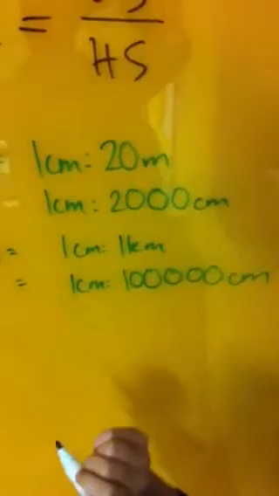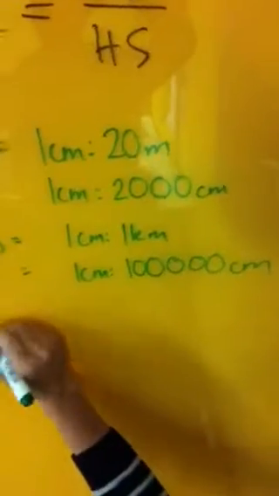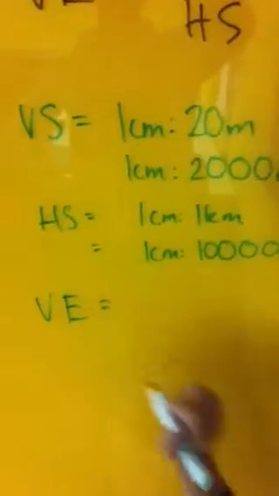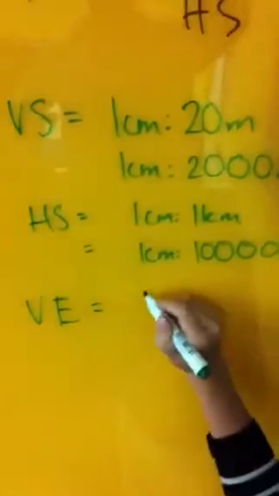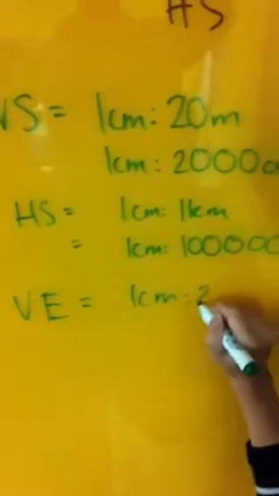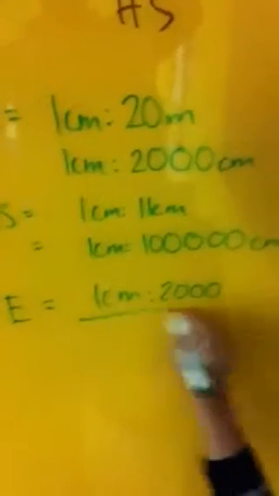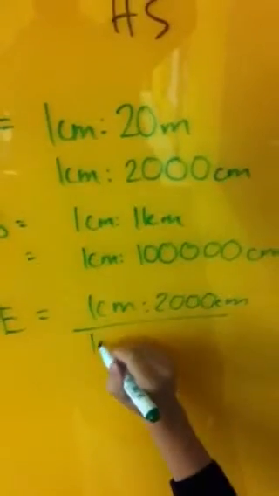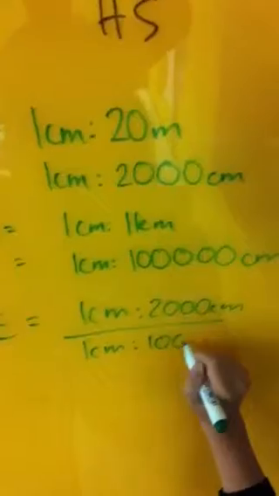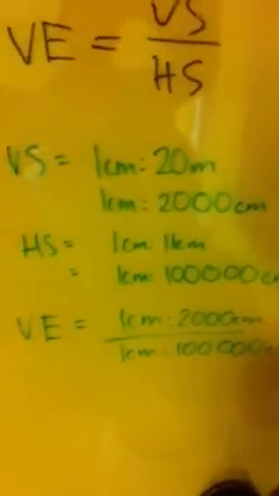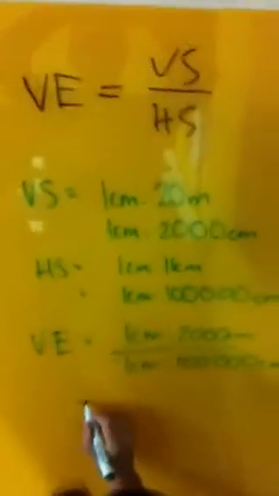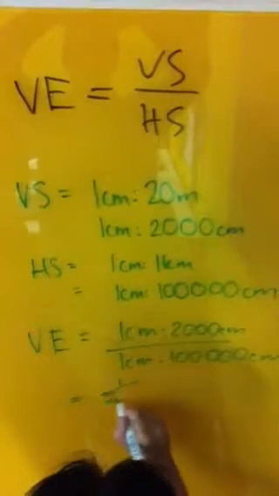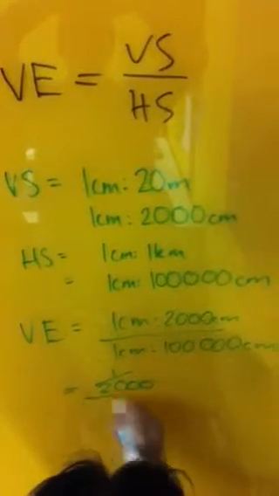Then we need to calculate our vertical exaggeration. So we do this by putting our vertical scale over our horizontal scale, 100,000, and we write it like this. It's another way of writing it.